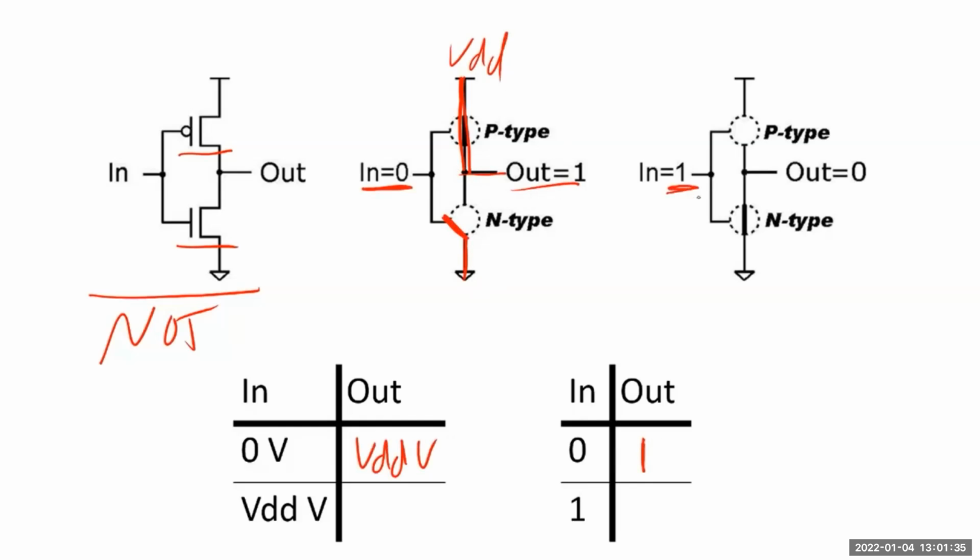If we input a 1, or VDD volts, we have a direct path between ground and the output. So our output is going to have 0 volts and be a logical 0. And our P-type is going to become an open, so there's no connection between VDD and the output. And so this is how we build our NOT gate, which has this symbol.